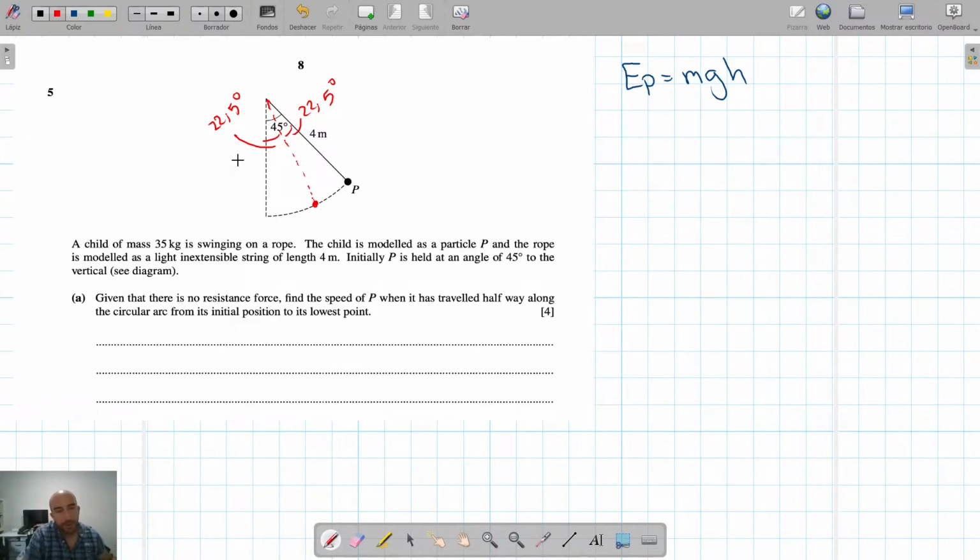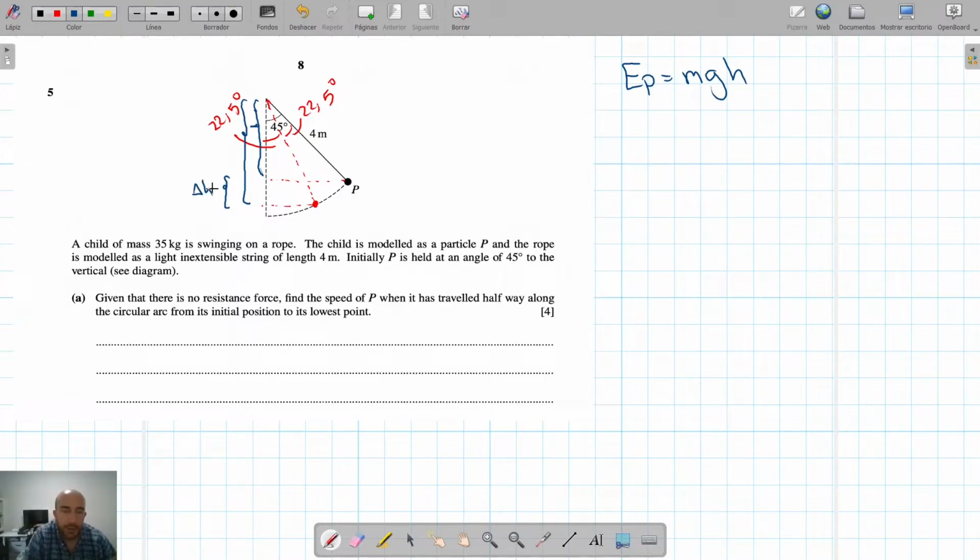Okay, so when it's here, it previously had this height, and now it has this height. So it's lost this height.